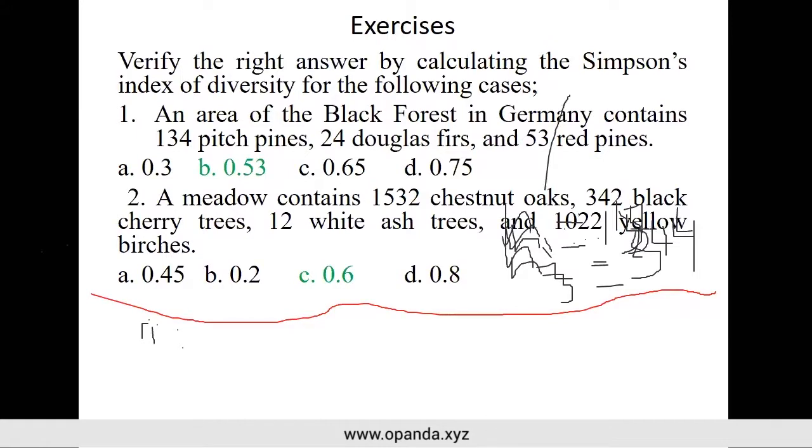Then to calculate big N, yes, big N will be equal to 200. I see you are mixing all of them.